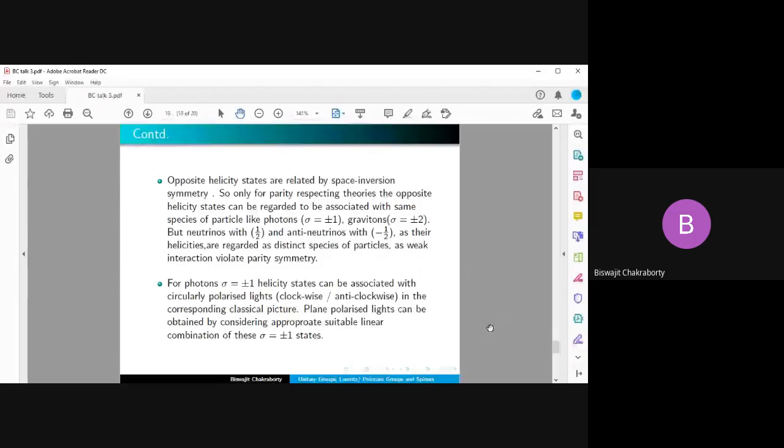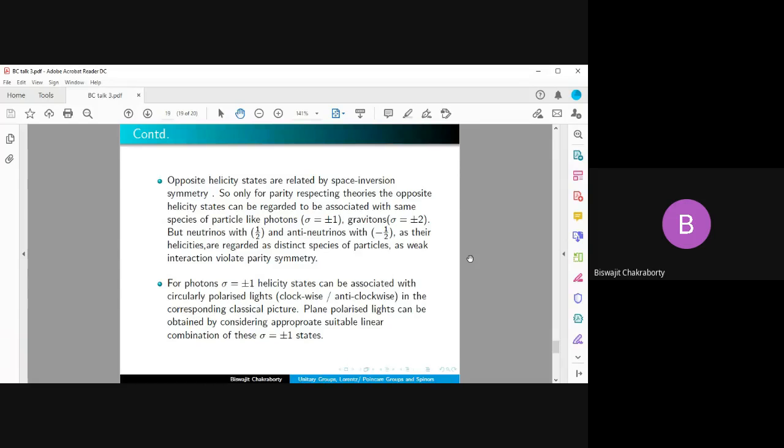So here there is another point. You may ask the question that for neutrinos, as I just said, it is plus half, and anti-neutrinos minus half. Why are you calling it anti-neutrinos? You could have just said left-handed and right-handed neutrinos, the same species of particle. For photons, for example, helicities are restricted to +1 and -1.